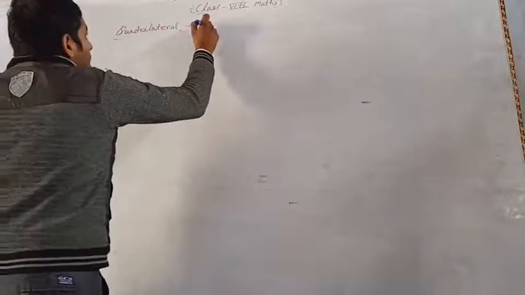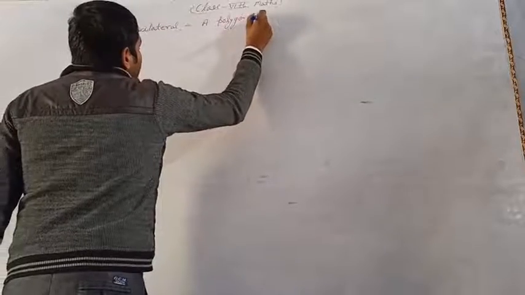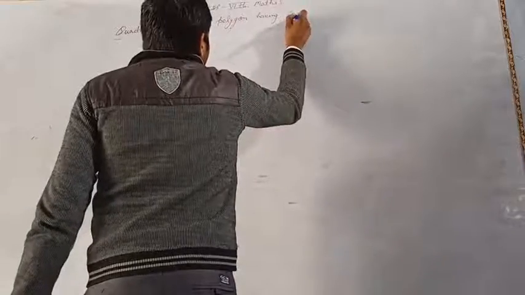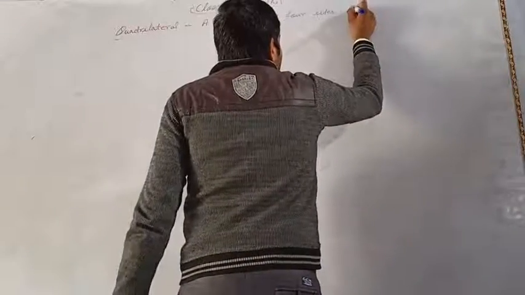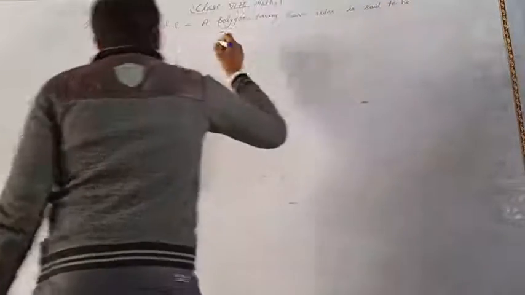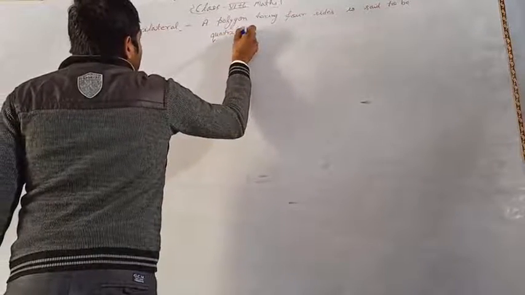Quadrilateral, a polygon having four sides is said to be quadrilateral. Okay.